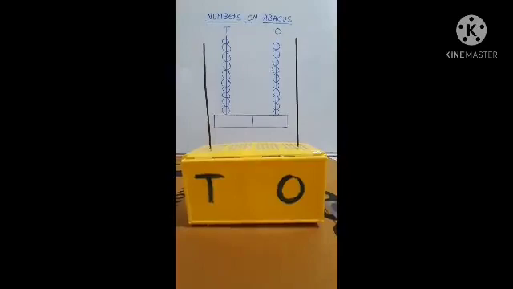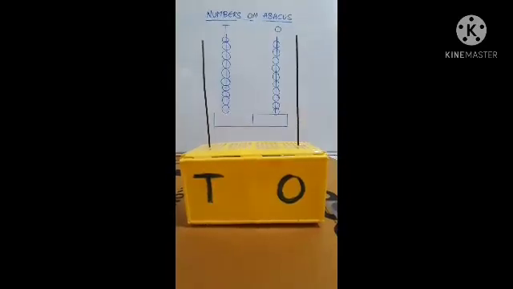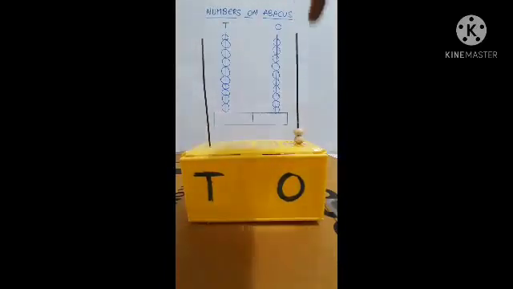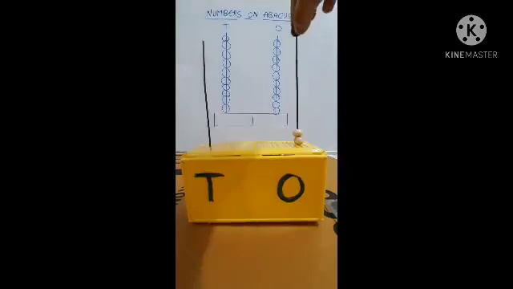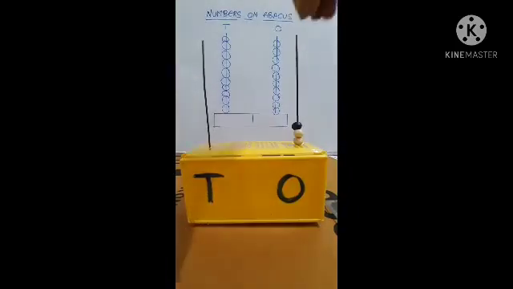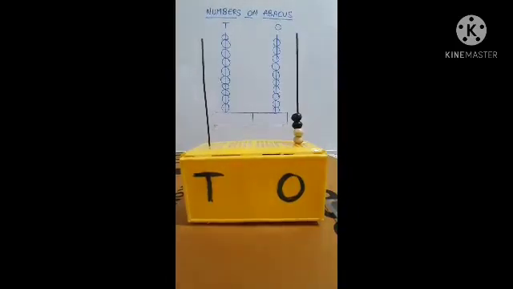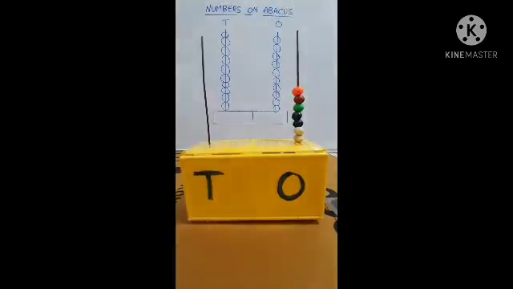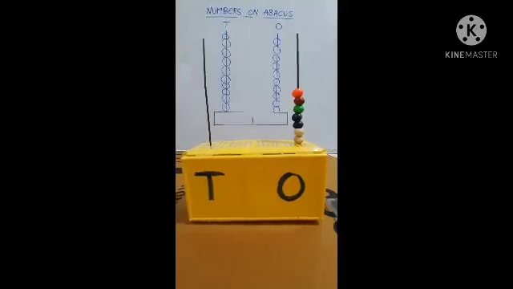Now let me take one more example. I am going to add beads on the ones stick. 1 one, 2 ones, 3 ones, 4 ones, 5 ones, 6 ones, 7 ones. How many ones are there in the ones place? 7.